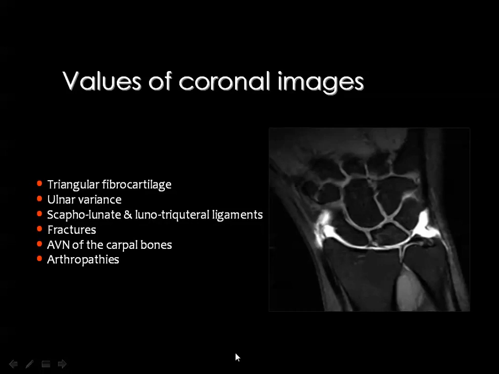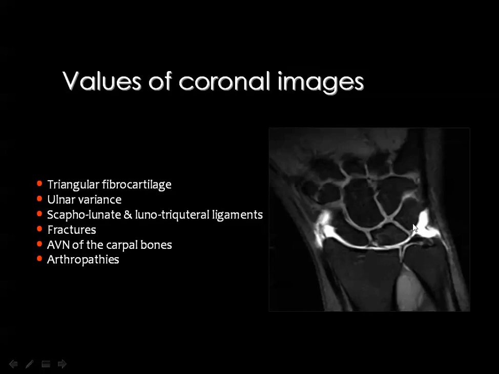Then what are the values of coronal images in the evaluation of the wrist joint? Or let us say in other words, how can you read the MRI of the wrist joint? I recommend that you start with the coronal images T1 and the stair, looking for these abnormalities. Number 1, the triangular fibrocartilage, which is located along the distal end of the ulna. Number 2, look for the ulnar variance.